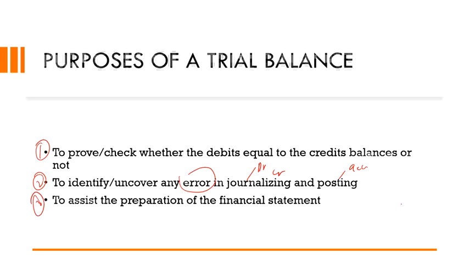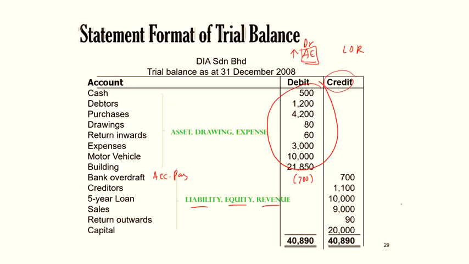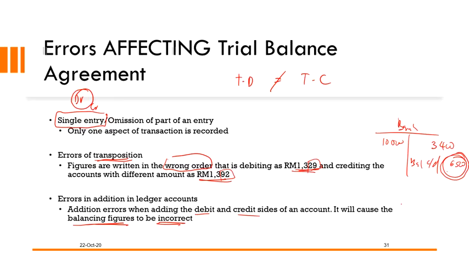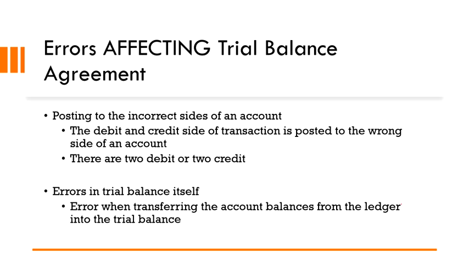So next we will look at posting to the incorrect side of an account. Okay, the debit and credit side of a transaction is posted to the wrong side of an account. For example, there are 2 debits or 2 credits.